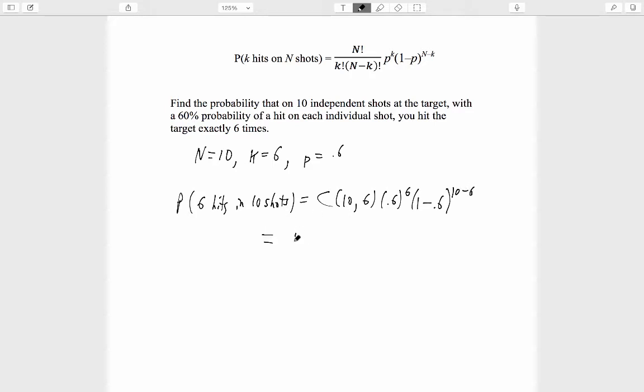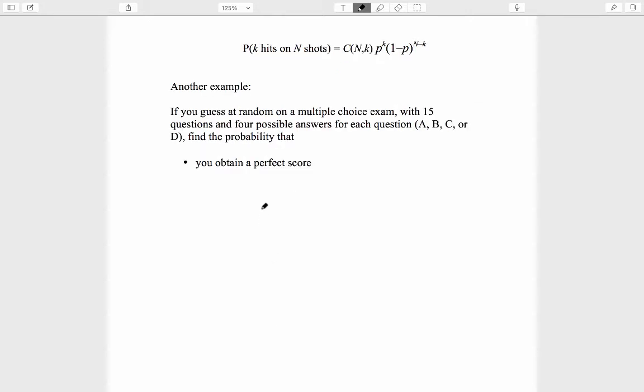If we want to write this in terms of factorials, we've got 10 factorial divided by 6 factorial times 4 factorial, times 0.6 to the 6th power, times 0.4 to the 4th power. When we go and compute this, it turns out to equal approximately 0.2508.